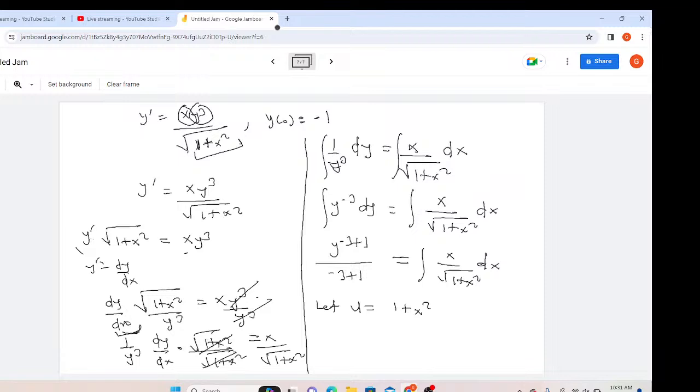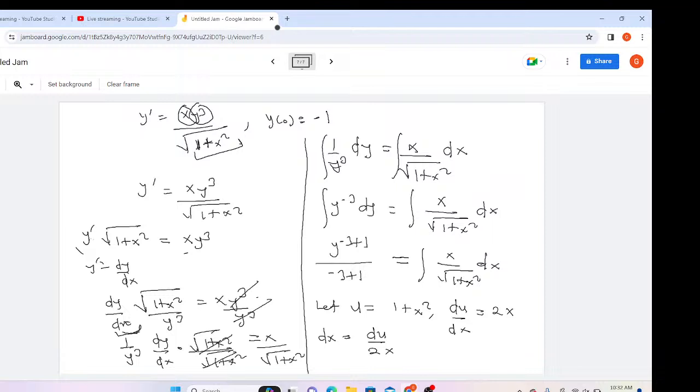Then du over dx, when I differentiate u with respect to x, I get 2x. And then I make dx the subject, so my dx becomes du on 2x. And I put it here.